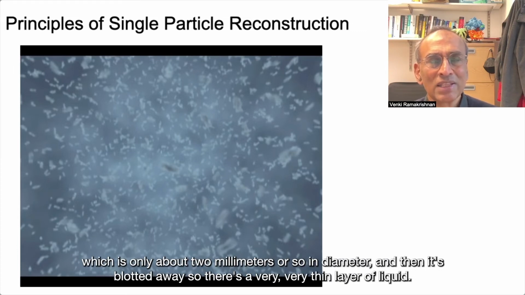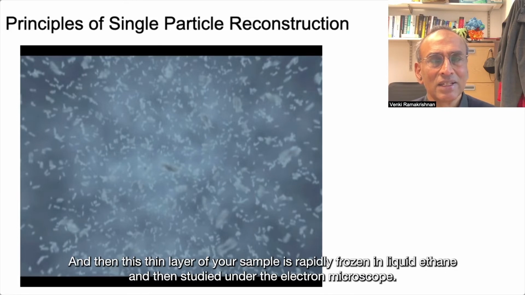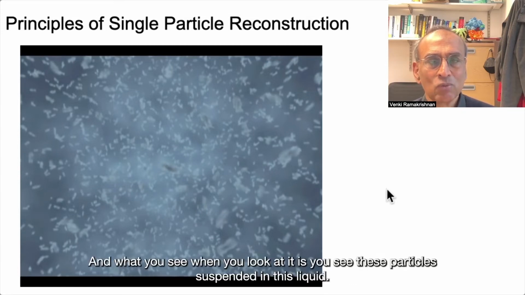And then it's blotted away. So there's a very, very thin layer of liquid. And then this thin layer of your sample is rapidly frozen in liquid ethane and then studied under the electron microscope. And what you see when you look at it is you see these particles suspended in this liquid.